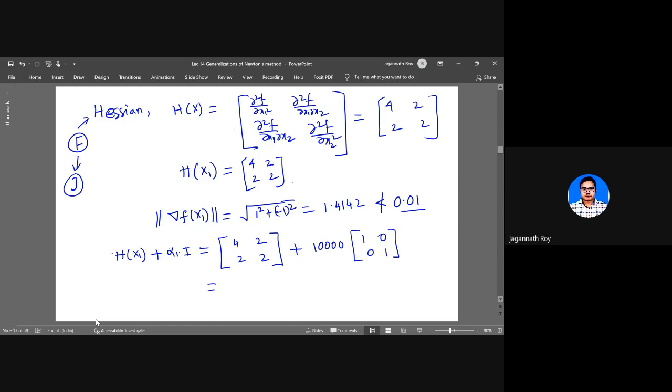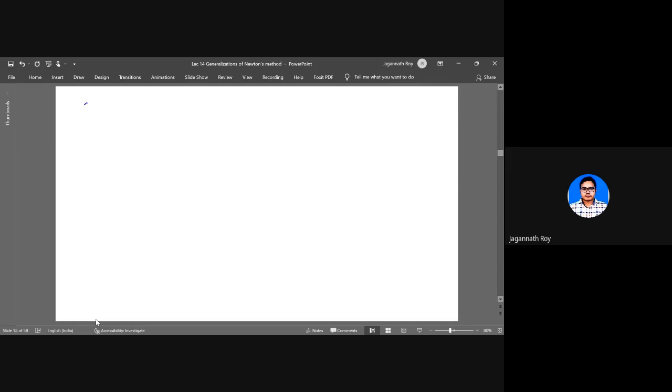Okay, so here it is. Now we have to take its inverse, the inverse of the Hessian plus alpha 1 into I.